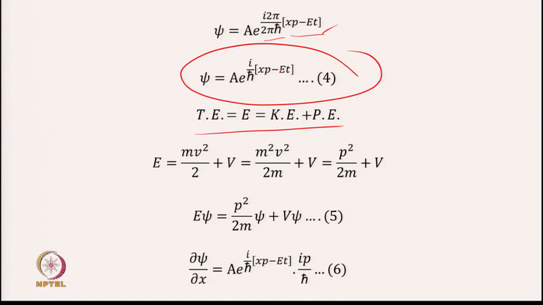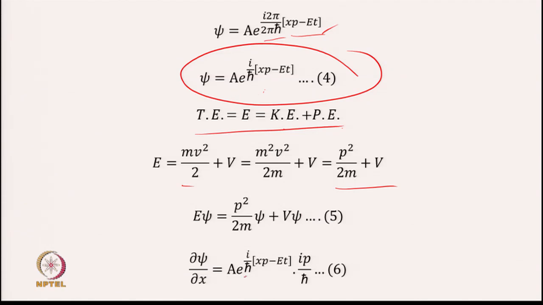Energy is basically kinetic energy plus potential energy. Kinetic energy is mv square by 2 plus V, that is p square by 2m plus V, and if I put E psi equal to, then you get p square by 2m psi plus V psi. I am simply differentiating this with respect to x.